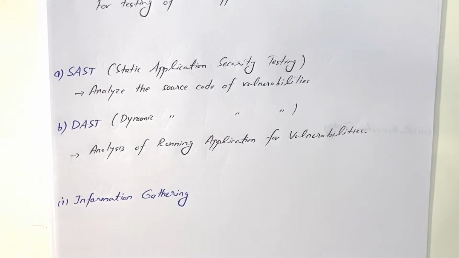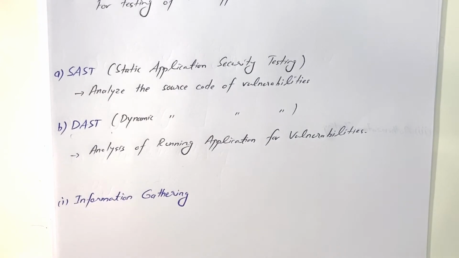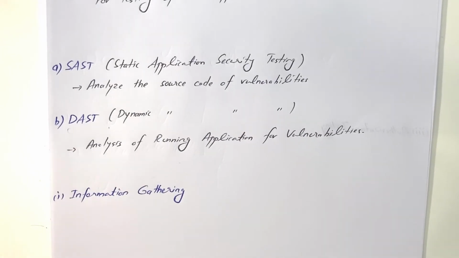Again, if the source code is not available to the attacker, go for DAST. SAST is where the internal vulnerability assessment people or security pen testers look for vulnerabilities in the source code, whether it's validating the input, testing the URLs, testing the cryptography, and all that.